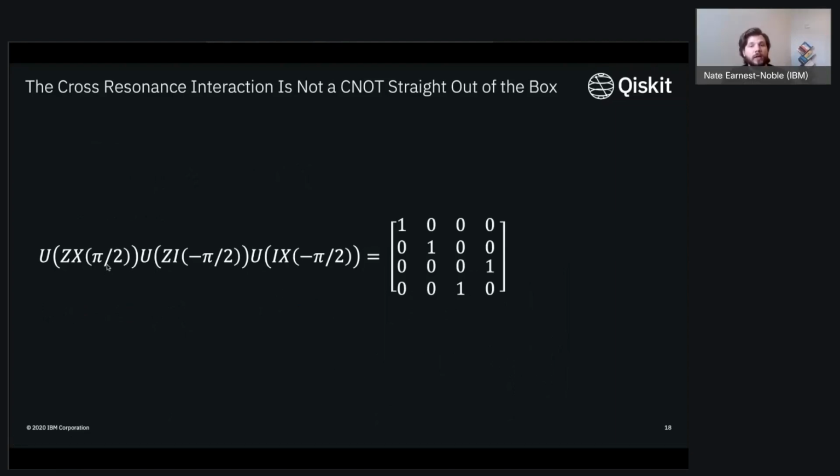However, we haven't really covered how you can isolate that ZX interaction term alone. So to that end, let's go ahead and review how we can actually take the true interaction that you have for your cross-resonance gate and use some clever tricks to remove undesired interactions.